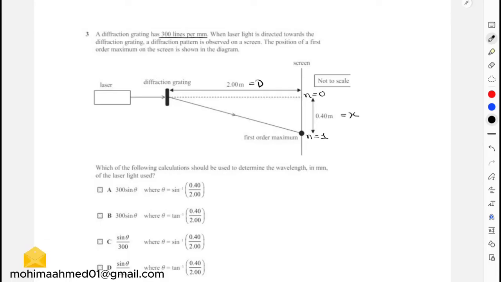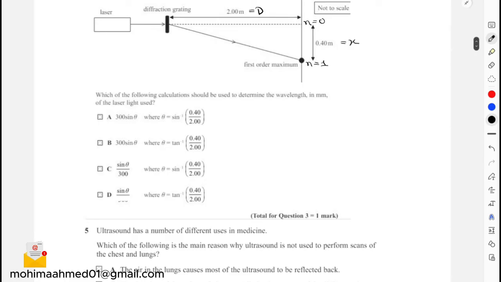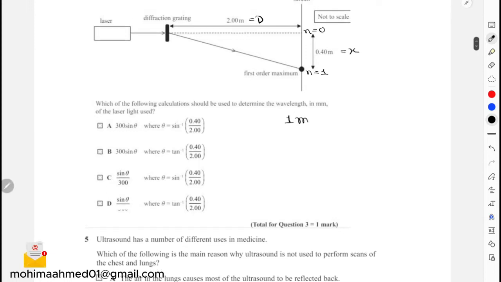Okay, in order to understand this equation, I'm using n lambda equals d sine theta. For that, d over here is the distance between each adjacent line on the diffraction grating. Now they are saying that on average there are 300 lines per millimeter. That means in 1 millimeter there are 300 lines. For one line, what would be the distance then? The 300 lines are occupying 1 millimeter of space.